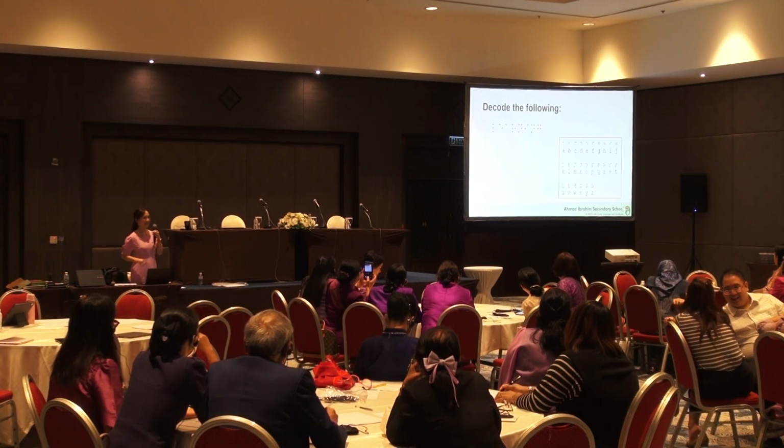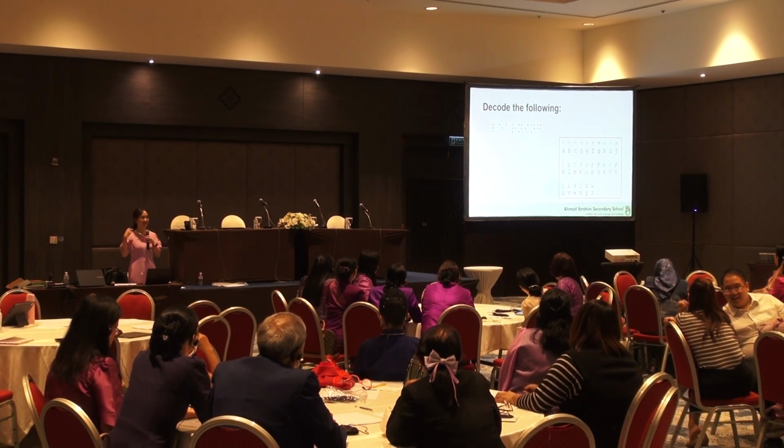What's the first letter? Correct. One line, right? It's the same as the print L. One line. Yes. The next letter? E. Yes, correct. It's E. Then the A. One dot. Then R. Good. Then after R?